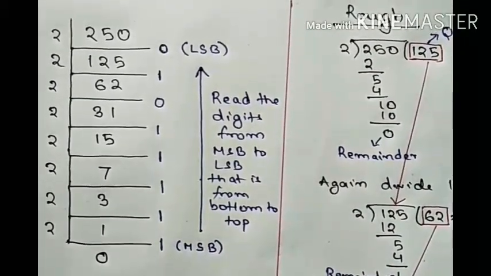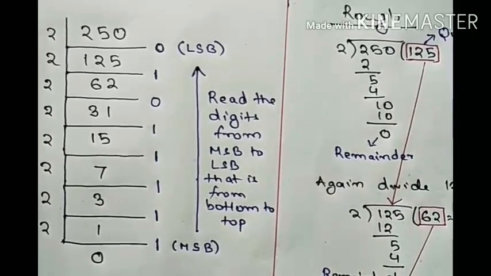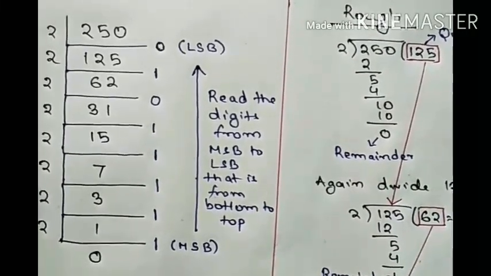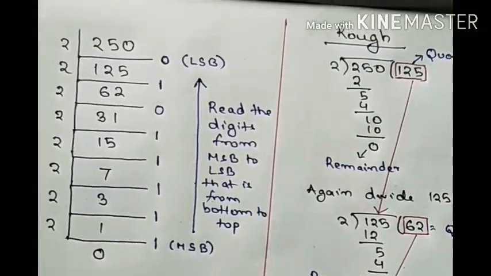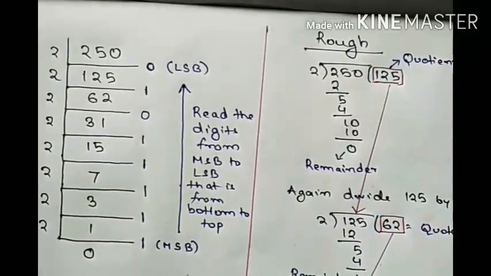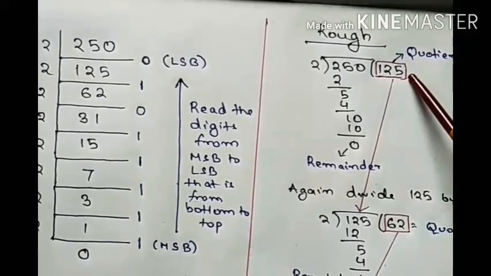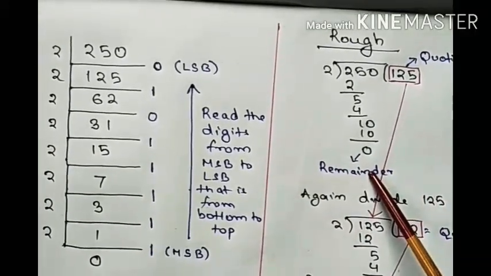From the division we can see that the quotient is 125, and the remainder is 0.